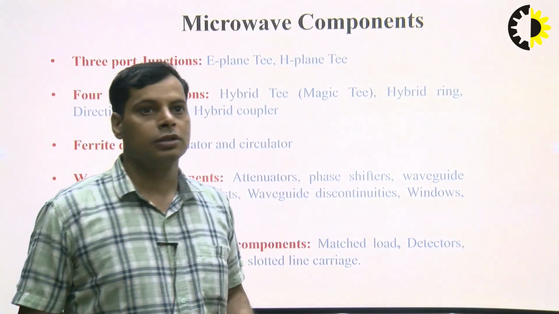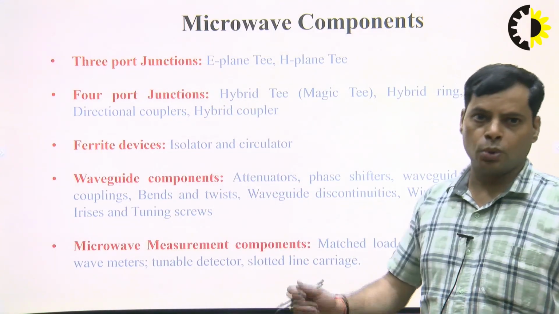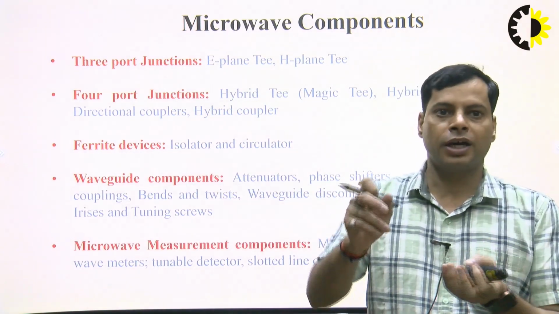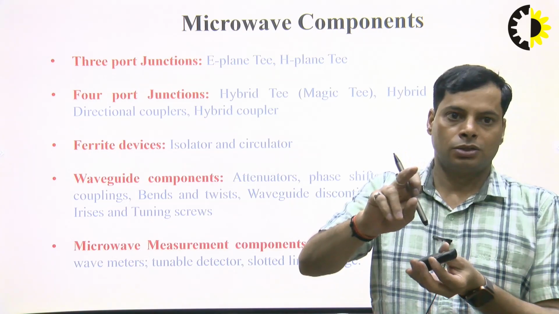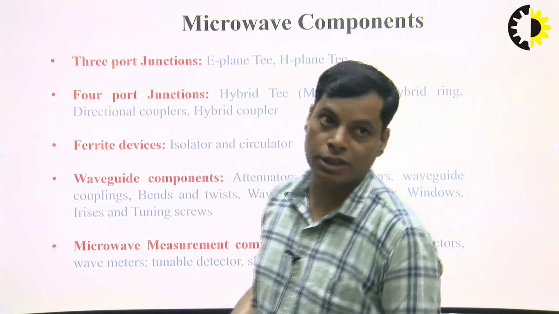When three ports are matched at the main waveguide, and we connect another waveguide to it, it becomes a junction, simply named a T junction.